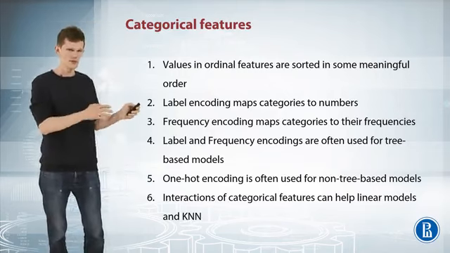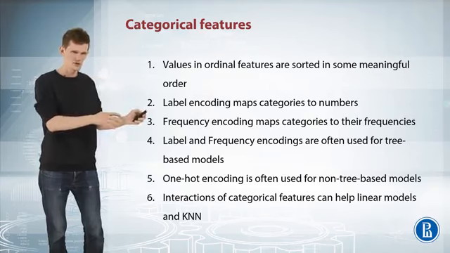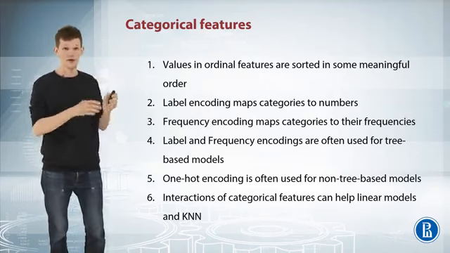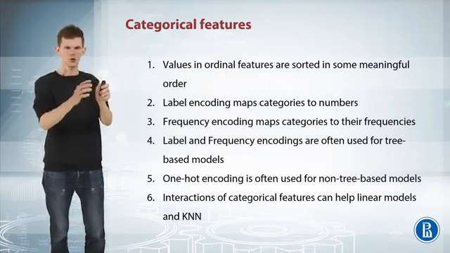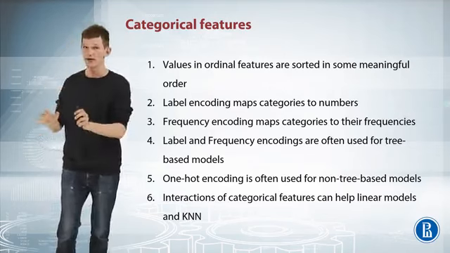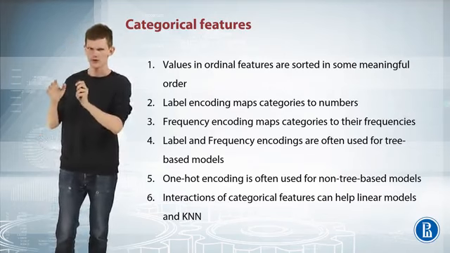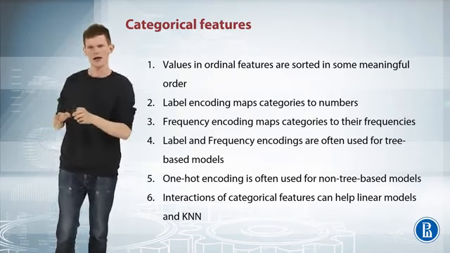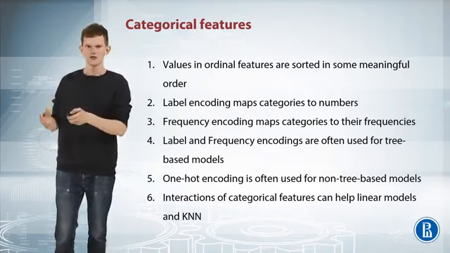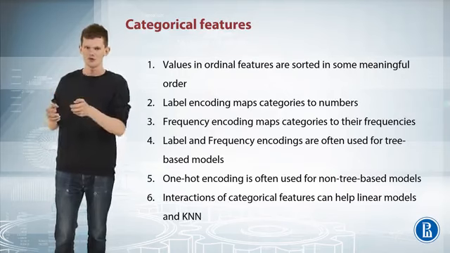Fourth, label encoding and frequency encoding are often used for tree-based methods. Fifth, one-hot encoding is often used for non-tree-based methods. And finally, applying one-hot encoding to combinations of categorical features allows non-tree-based models to take into consideration interactions between features and improve.